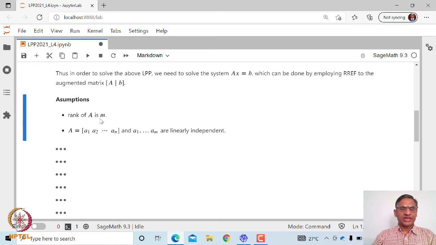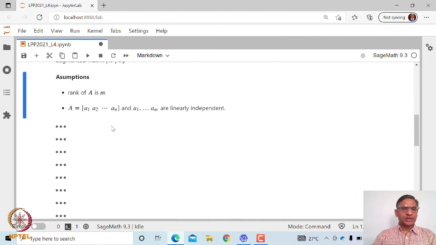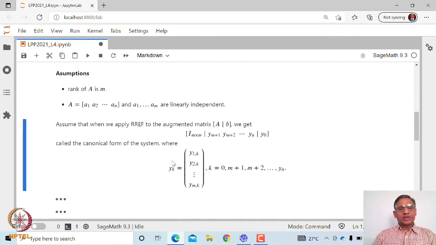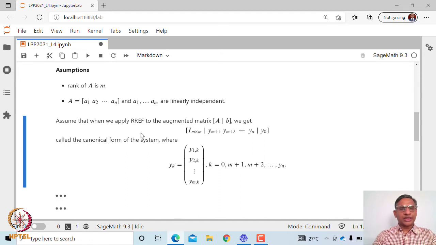Let us again recall the assumptions that we made. The rank of A is m, that is, A is a full rank matrix, and the columns of A are written as A1, A2, ..., An, and we are assuming that the first m columns are linearly independent. Now we will apply RREF to this augmented matrix AB.